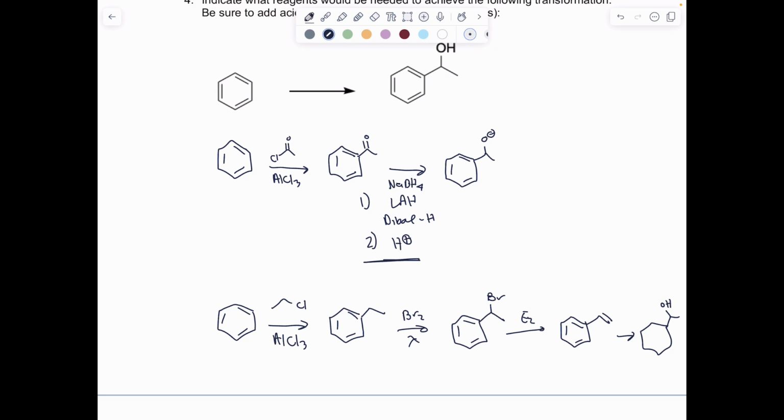You could use oxymercuration-demercuration. You can't use BH3-THF because that would put the OH group over here instead of over here. But any of those adding water across a double bond reactions should work.